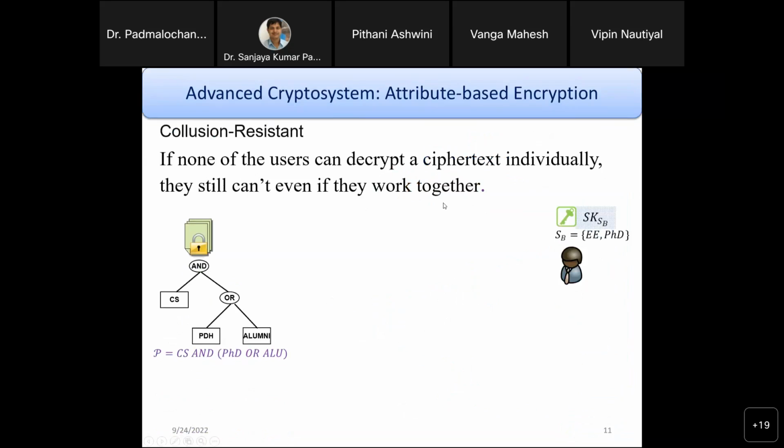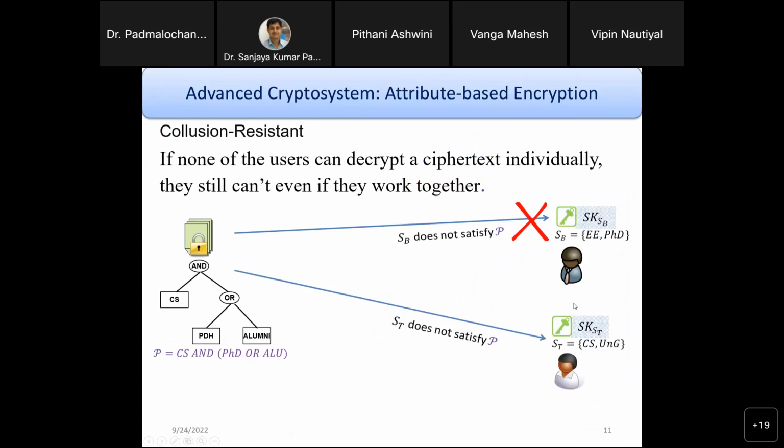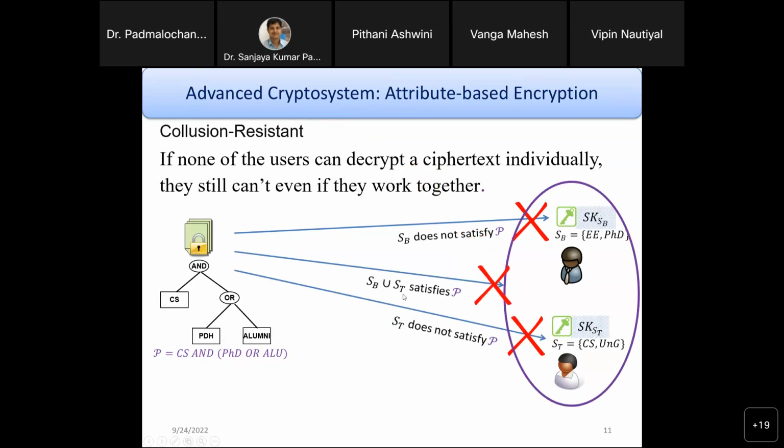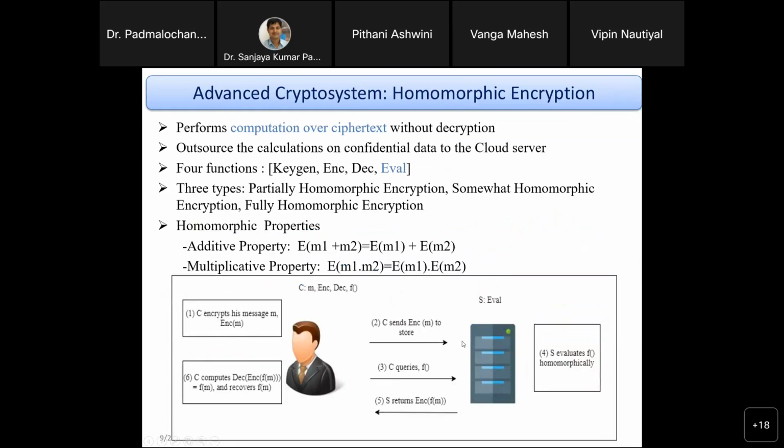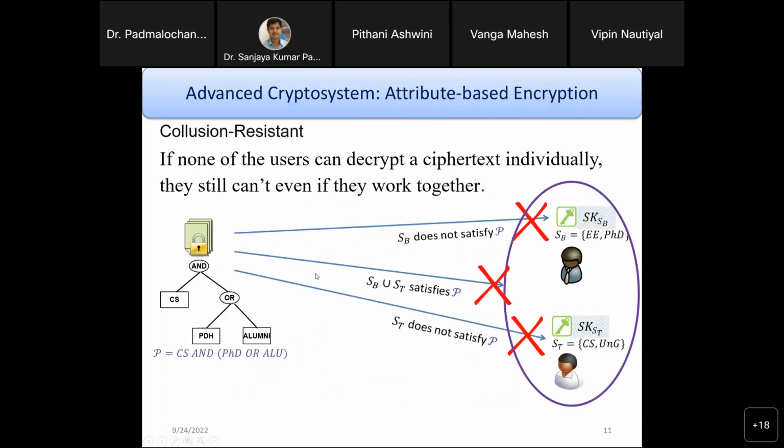Here, SB does not satisfy P, so it cannot access it. ST does not satisfy P, so this also cannot access it. But if they combine, their union should not satisfy P either. SB union ST should not satisfy the policy as well. Enforcing this is very important in an attribute-based crypto system.